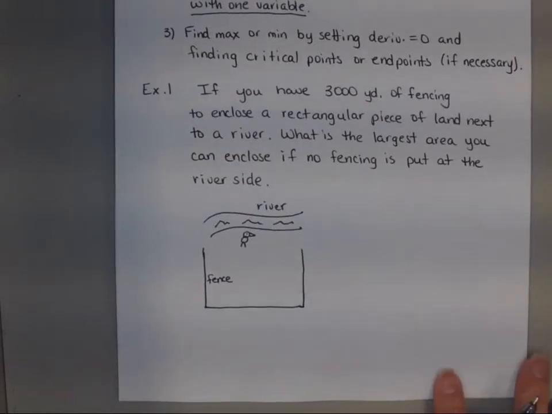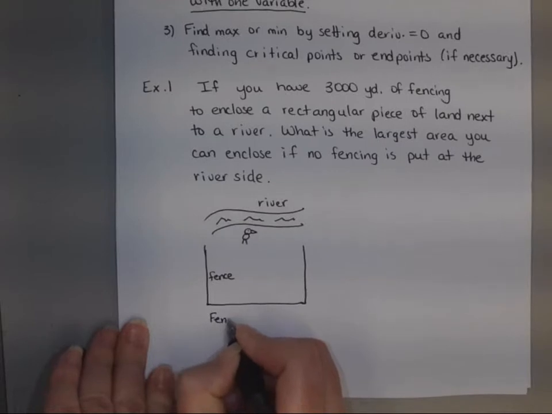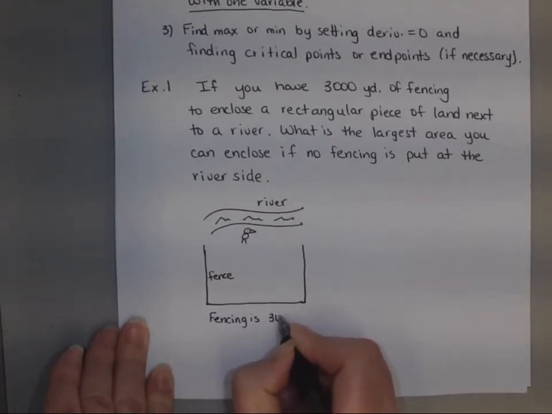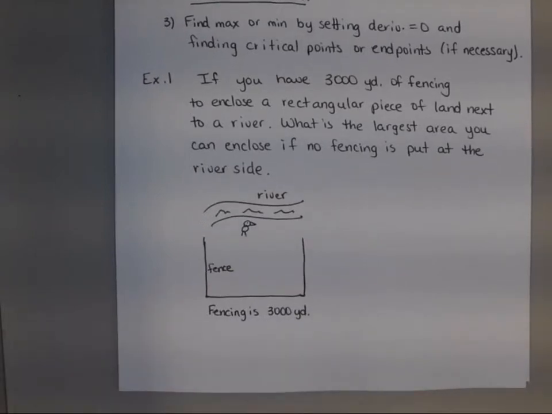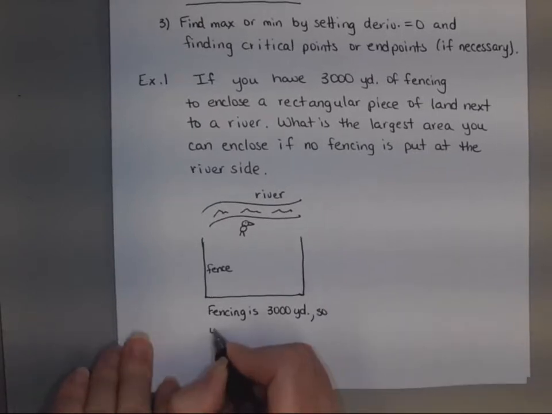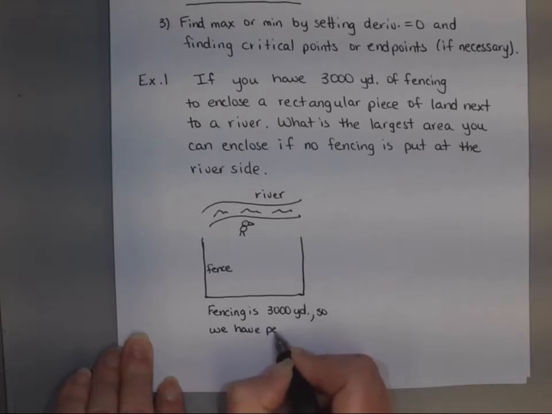Okay, so the point is that what do we know about the fencing? Yeah, the fencing is 3,000 yards. Now do we put fencing in the whole area of the land, or do we do something else? So we have that the perimeter equals 3,000.